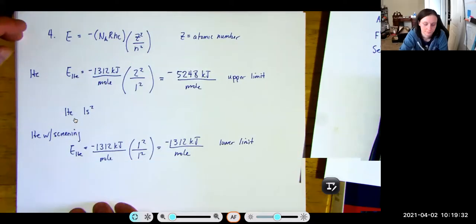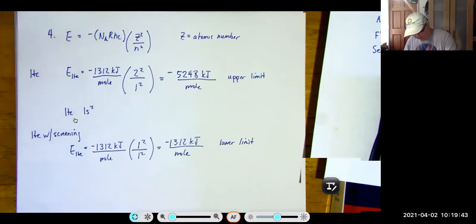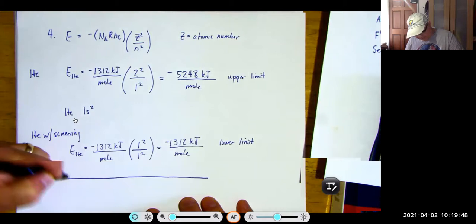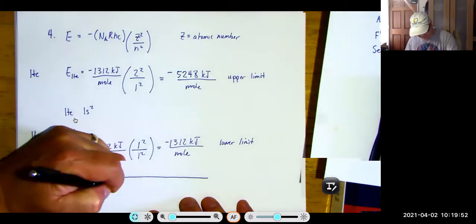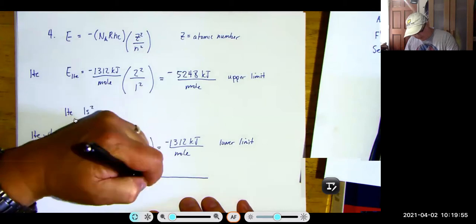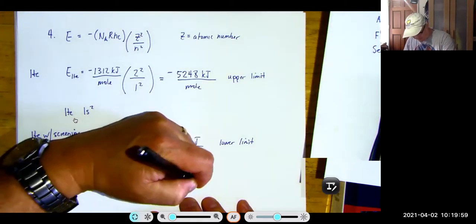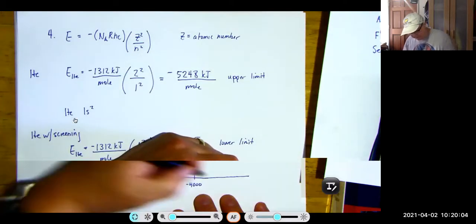Now compare these calculated values to the experimental value of 2,373.3 kilojoules per mole. I would do something like this, and I'd make this minus 1,000, minus 2,000, minus 3,000, minus 4,000. I'm trying to evenly space these, but I'm not measuring them out.